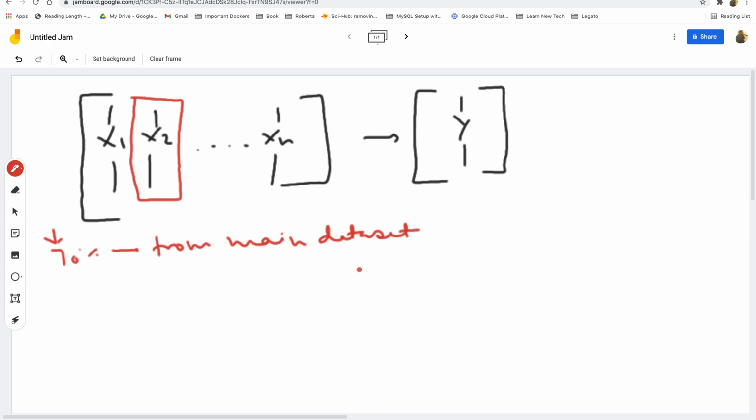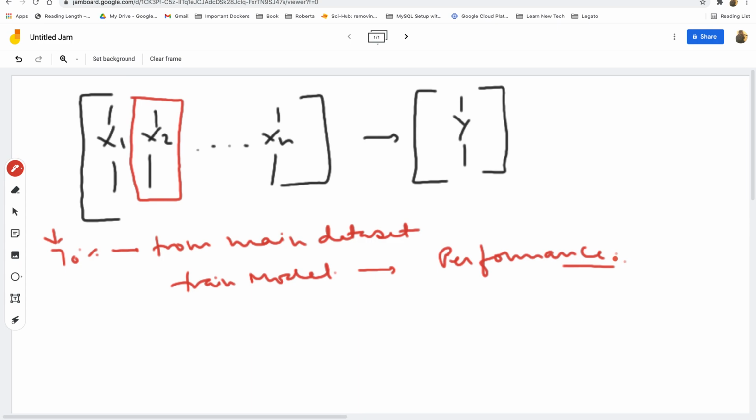Now I will train the model and check the performance. If you're talking about a classification problem, we can look at accuracy, precision, recall.